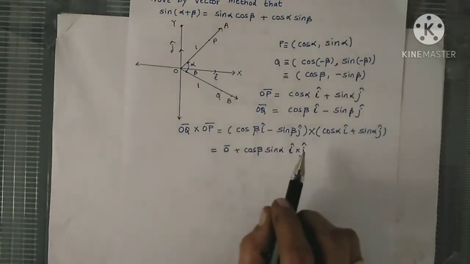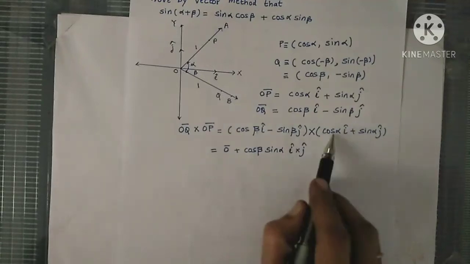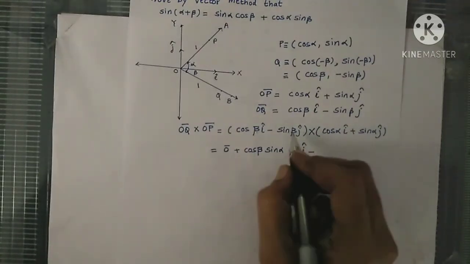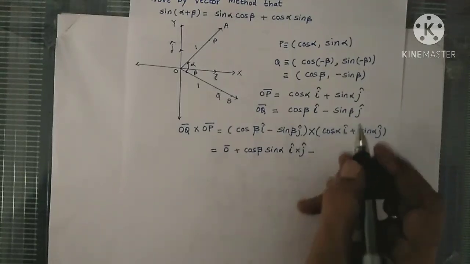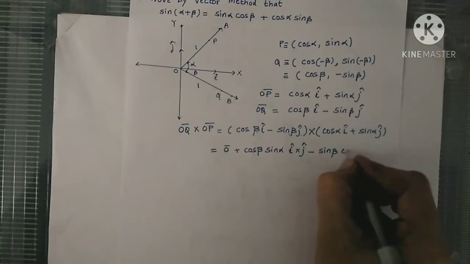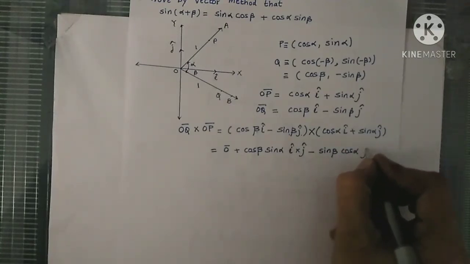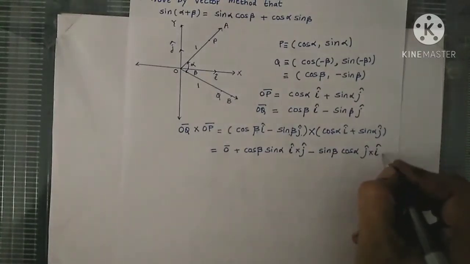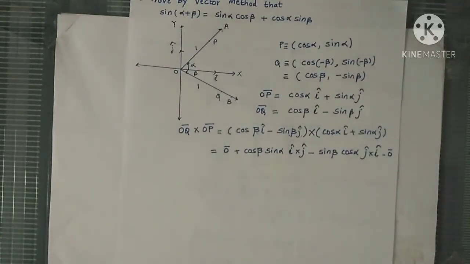Now next is cross product of minus sin beta j cap with these two vectors. So the first term there is minus sin beta cos alpha j cap cross i cap, and in the next one we have j cap cross j cap. So again cross product of the same vector with itself, so it is 0 bar.